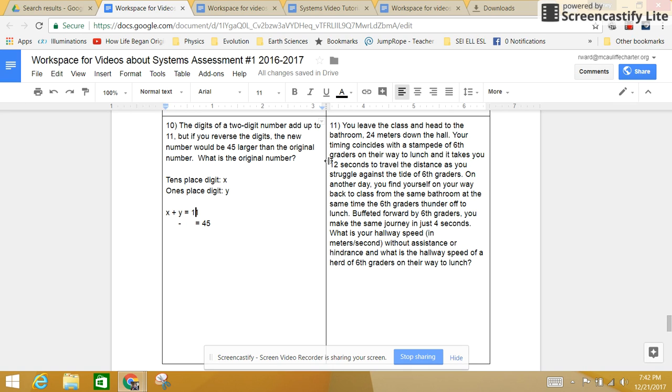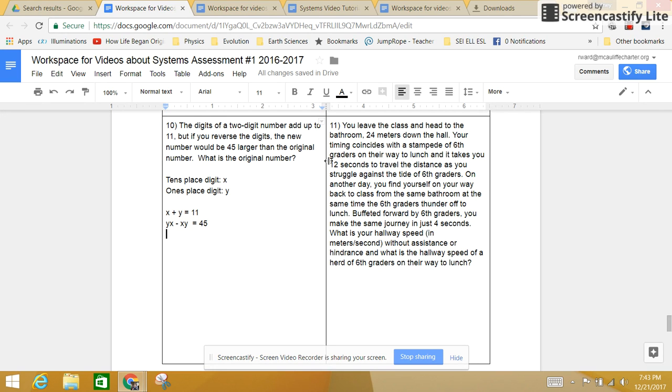Basically, I'm going to express this in this way: the new number yx minus the old number xy, where x is in the tens place in the old number, and in the new number y is now in the tens place. That difference equals 45.